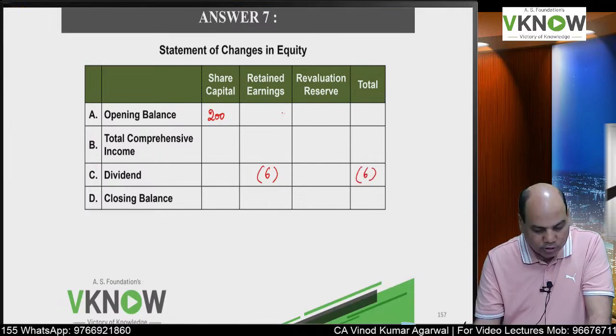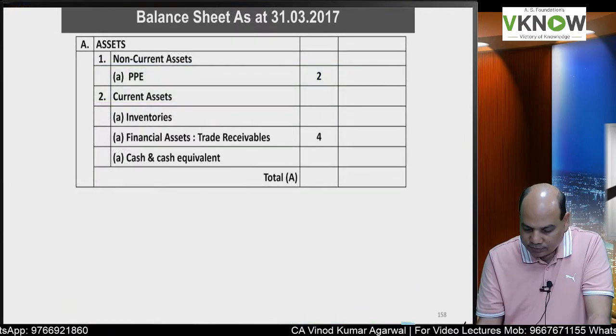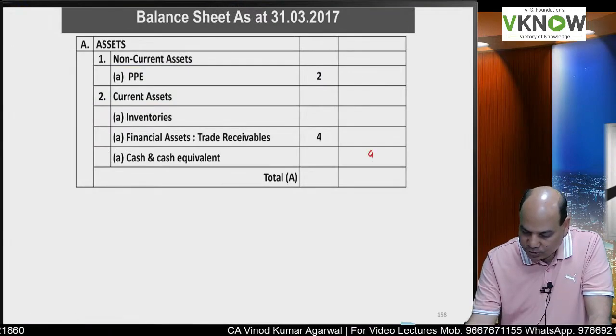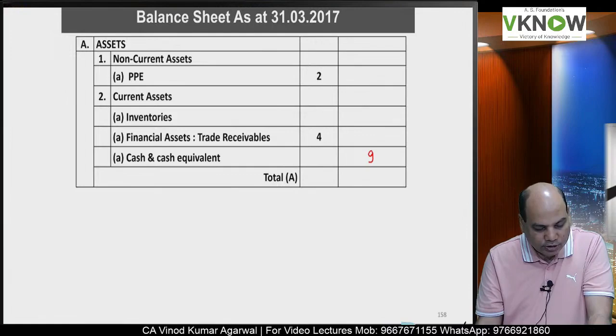Retained earning. Then cash at bank, balance sheet, asset side, current asset, cash and cash equivalent. No adjustment in that? No adjustment.